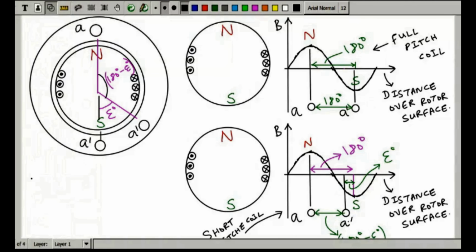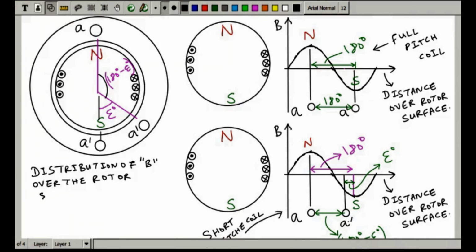We can write like this: distribution of B, that means your flux density over the rotor surface, is sinusoidal.